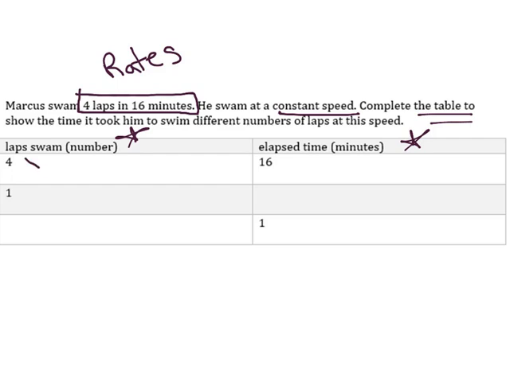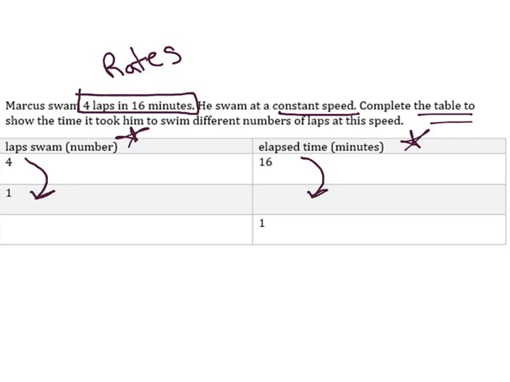I'm going to use multiplication and division relationships to figure out the missing value. So think about what we talked about with being equivalent. You are allowed to multiply or divide by any number you want, as long as you do the same operation and same number to both parts of the ratio.